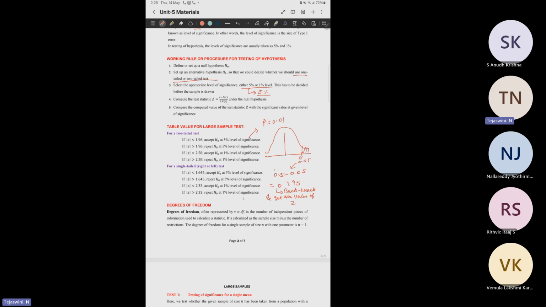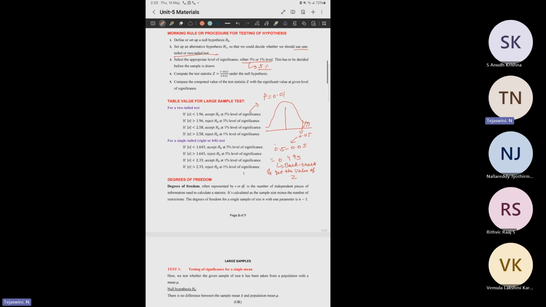That is, we'll substitute the value of z for large sample and small sample. There are separate formulas for that. Then we'll compute the value of z and compare it with the standard values for each significance. If the value lies in the area of acceptance, we accept h naught, else we reject h naught.